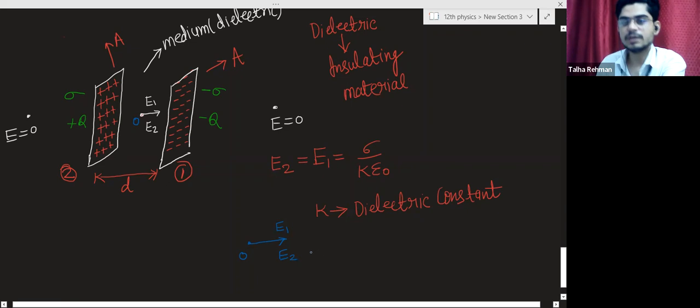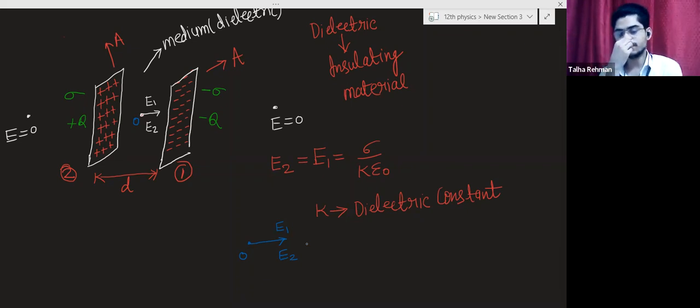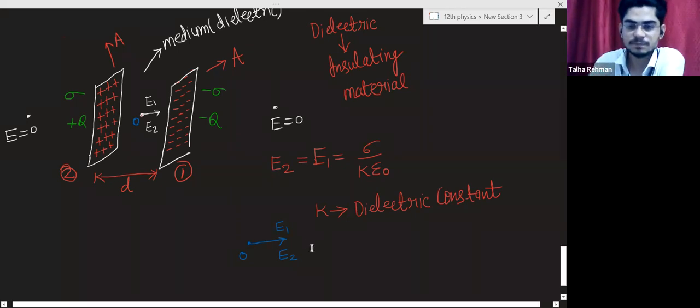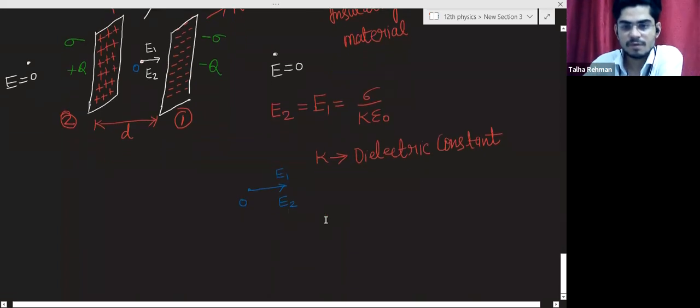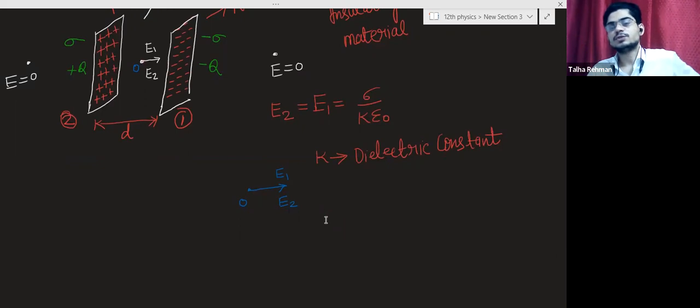So simply two vectors are in the same direction. We can add them directly. If these two vectors are in opposite directions, then we can subtract them.